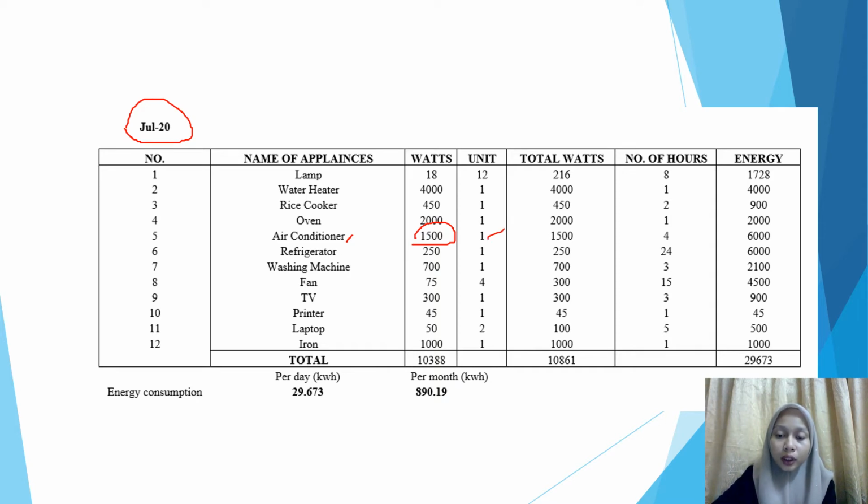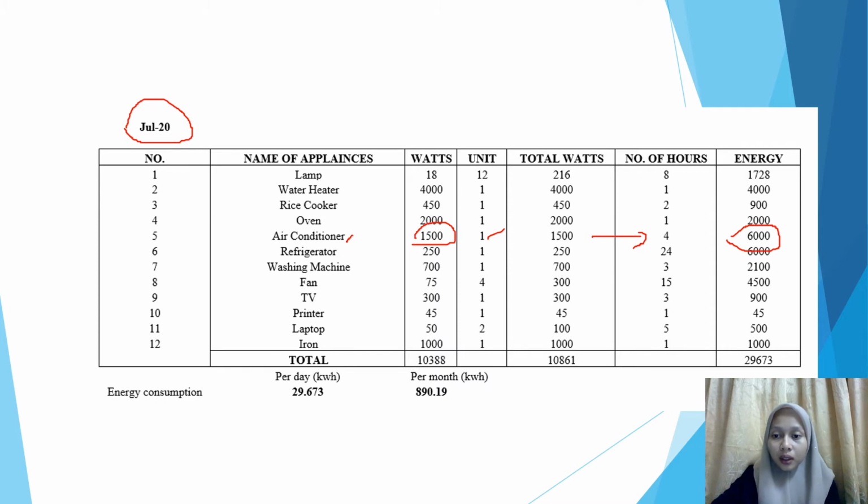The total watt after watt times unit is 1015. The total used per day is 4 hours. So 1015 times 4 hours, and we get 4,060.